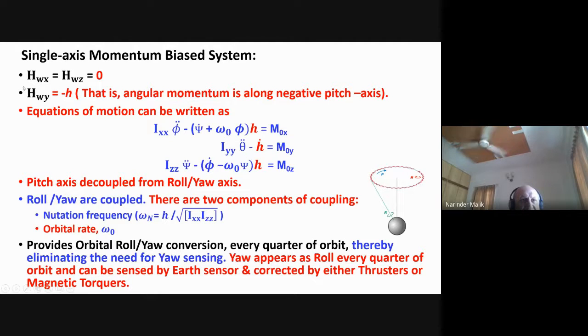So therefore, we can write HWX equal to HWZ equal to 0. And by convention, the pitch momentum is always defined as minus h, that is, towards the negative pitch axis of the spacecraft. That's by definition.